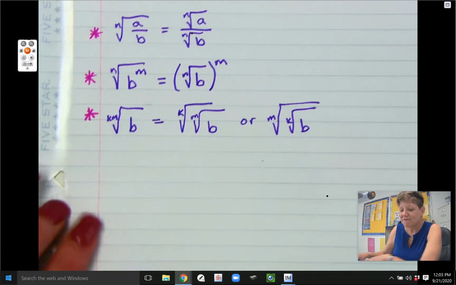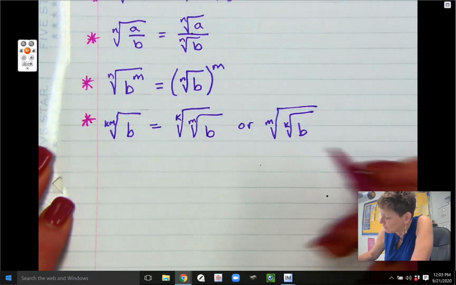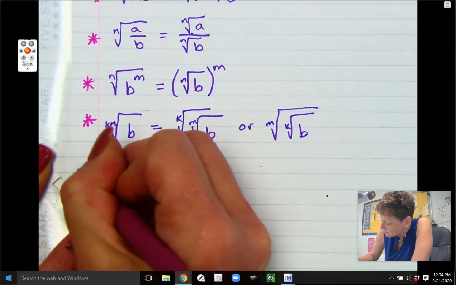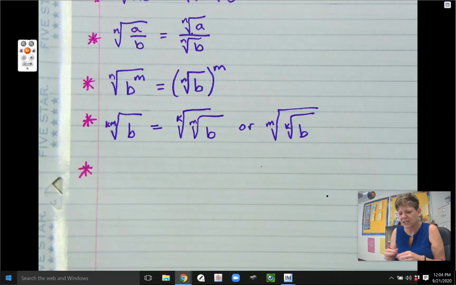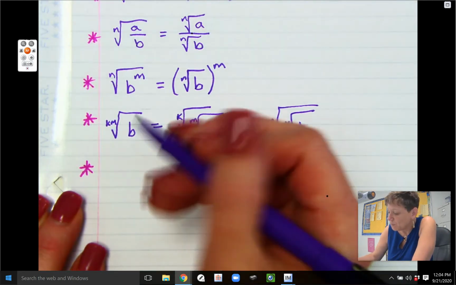All right, our 5th property is the most neglected property out there. Students always forget this one. And it's because we don't teach it this way until higher level mathematics. So here we go.